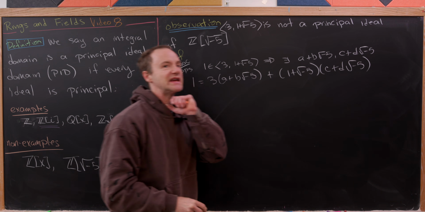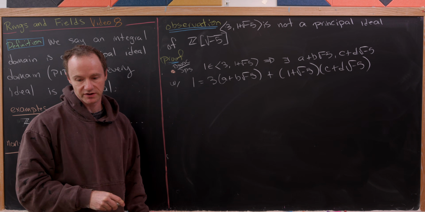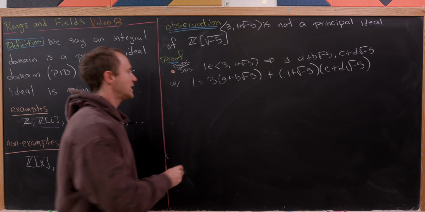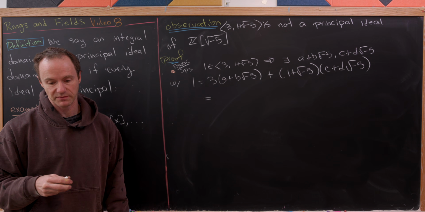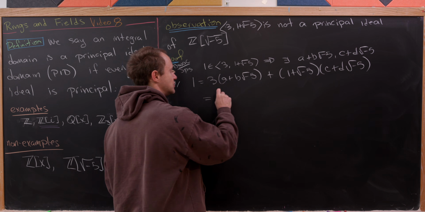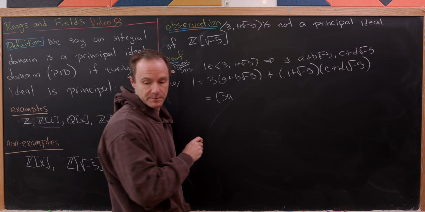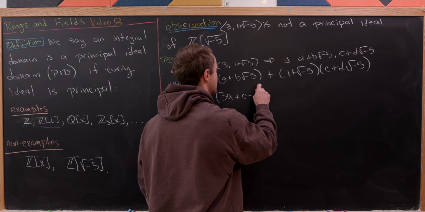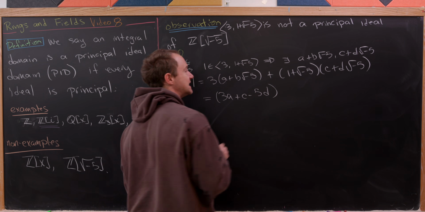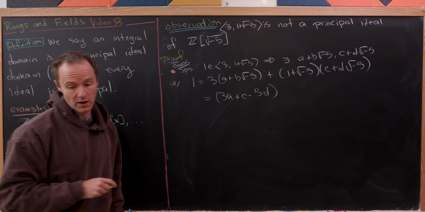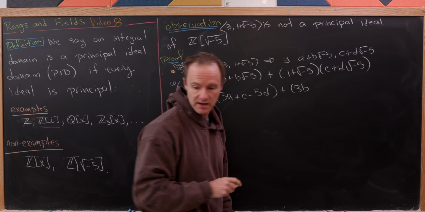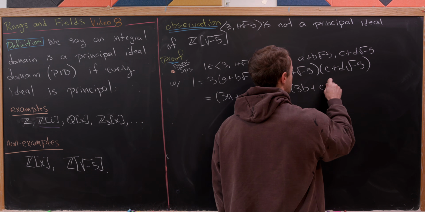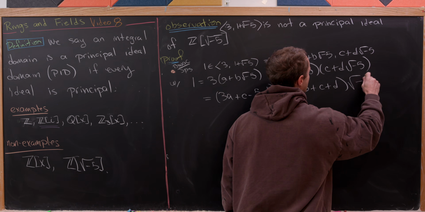Remember, it's just a combination of those two generators. But now we can do some arithmetic here, taking apart the real and imaginary parts, and we'll see that this is equal to 3a plus c minus 5d as the real part. And then we've got 3b plus c plus d times the square root of minus 5.